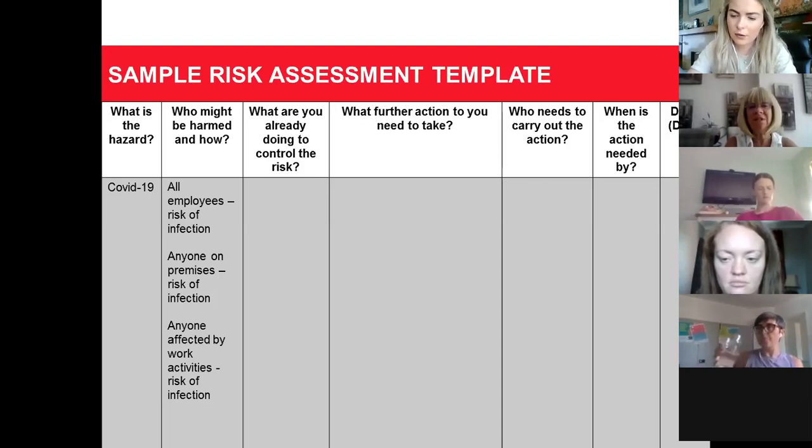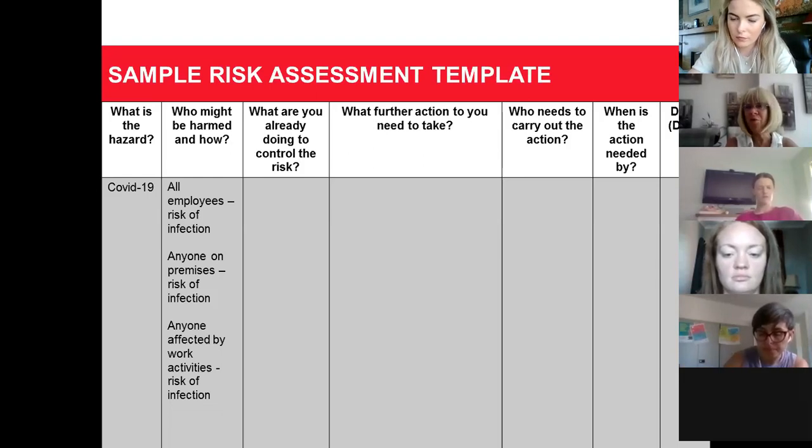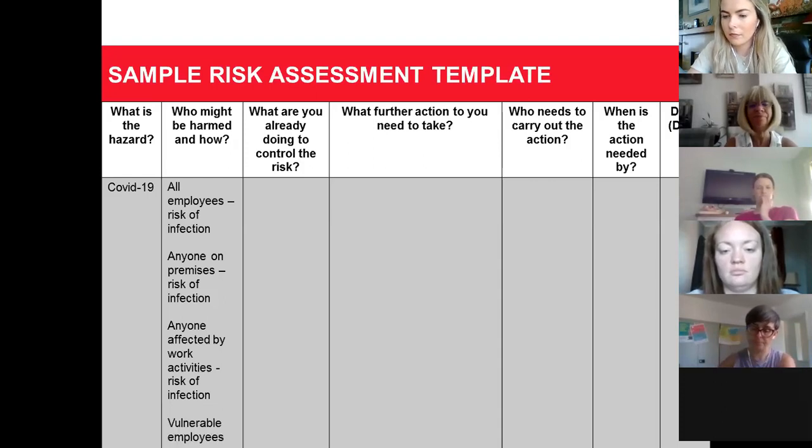And you have a duty of care to protect the people who are coming into contact with those work activities. So if you have a number of people who are field workers or you're going out on site visits, your risk assessment must include the people that they are going to come into contact with, so that you risk assess the harm and what you need to do to protect that category of person.